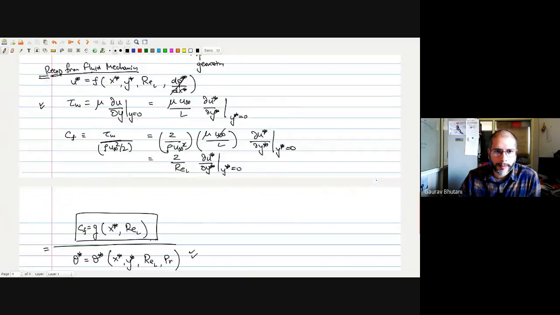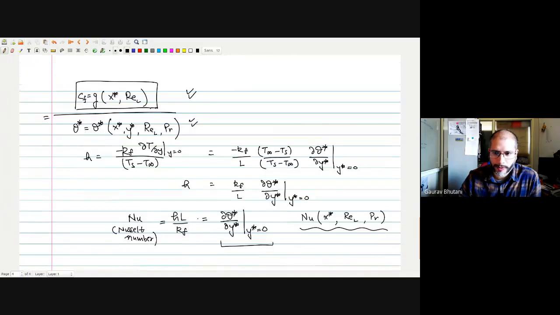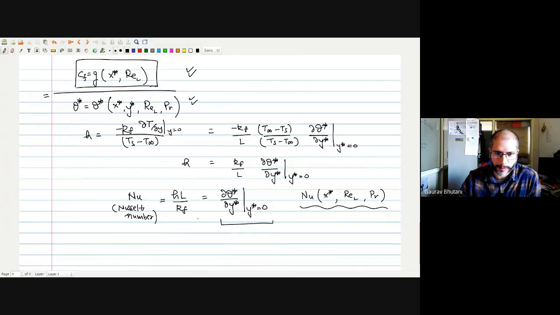Going back to the fluid discussions, we had the skin friction coefficient, which was a function of x star and the Reynolds number. So here we have an extra parameter, the Prandtl number, in the functional form of the Nusselt number.